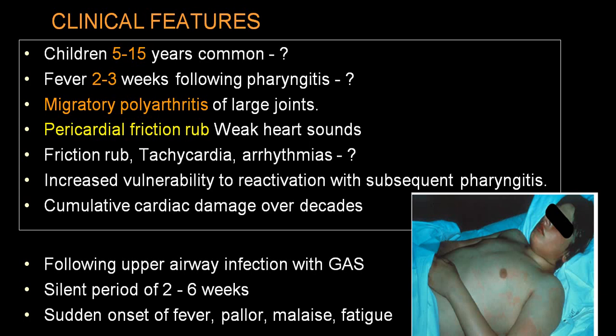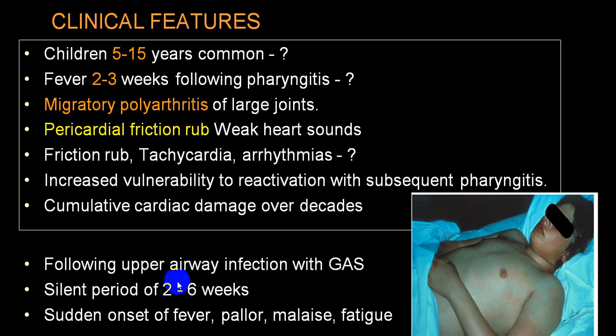Person will develop migratory polyarthritis and cardiac involvement, two most common features. Skin finding may be detected, may not be detected. Chorea is not very common, but chorea can also be seen in some of the patients. And you can have subcutaneous nodules, which are sometimes missed.